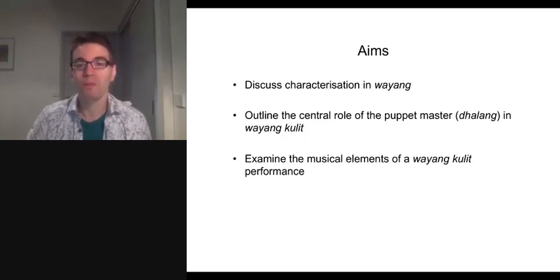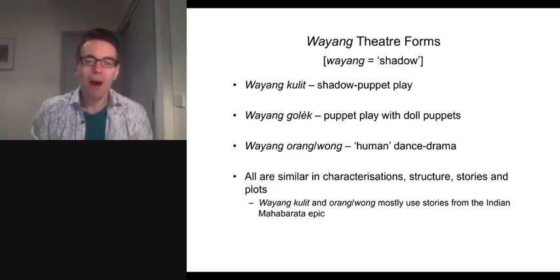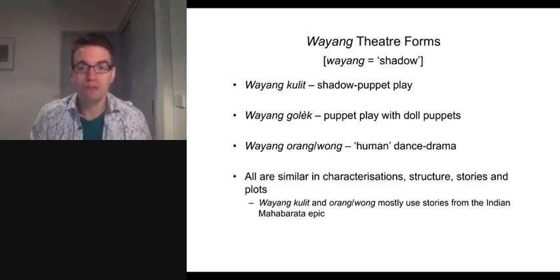So to begin, what is wayang? Well, wayang is a series of various theatre forms that are performed in Java, but some of these forms are also performed in Bali. The word wayang itself means shadow, and it originates from a form of shadow puppet play called wayang kulit.